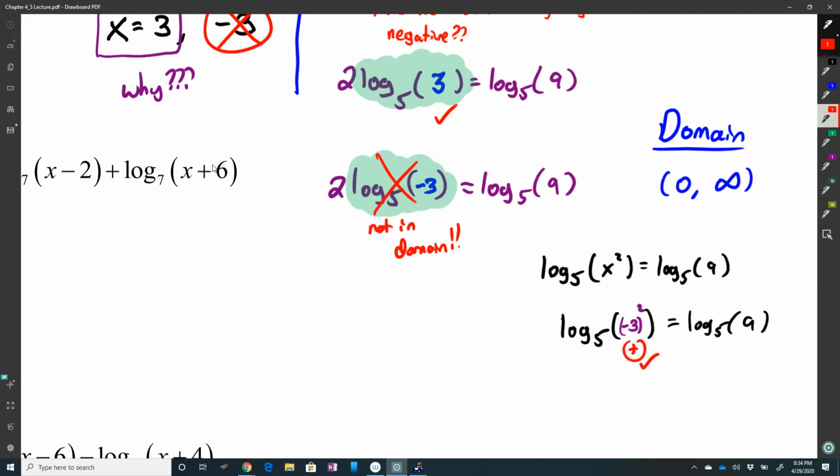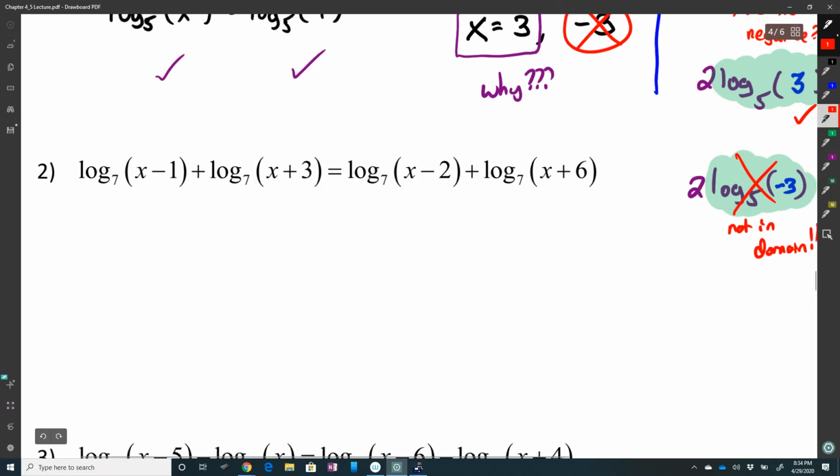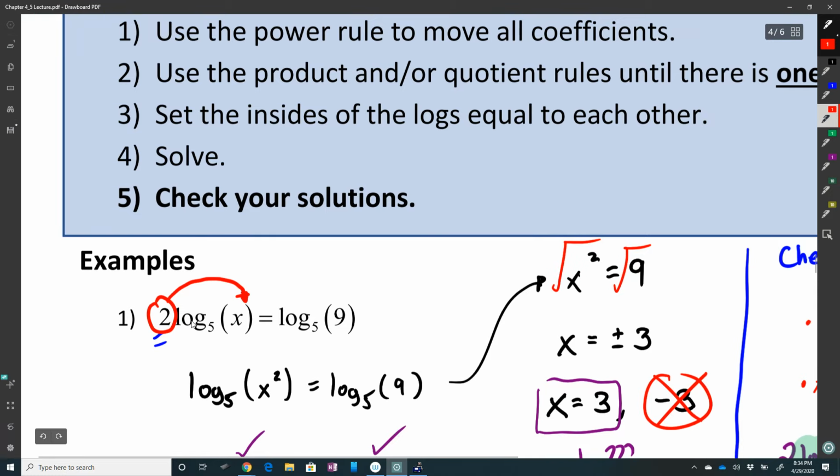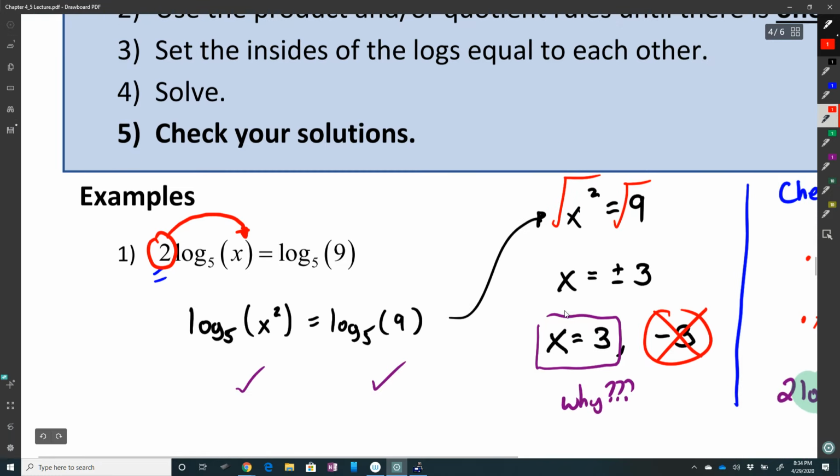So if this was my equation, my answers would be negative 3 and 3, both of them. It all depends on your original equation. But my original equation for the problem wasn't that. It was 2 times log base 5. And so when I plug negative 3 into the log, it doesn't work.